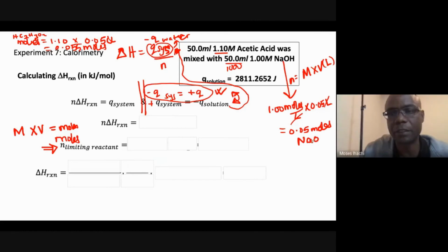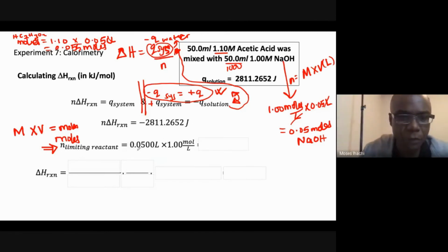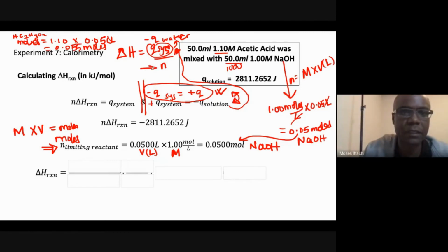So obviously sodium hydroxide is the limiting reactant, and that's what we're going to use here. Multiply the volume in liters times the molarity of sodium hydroxide, you get 0.05 moles sodium hydroxide. And that's what we're going to use here in our formula to find heat of reaction.